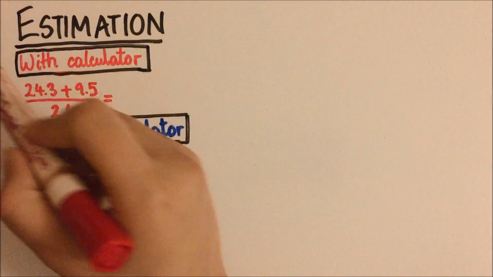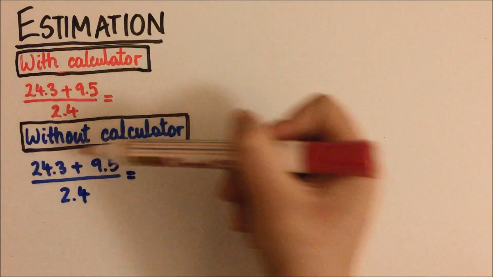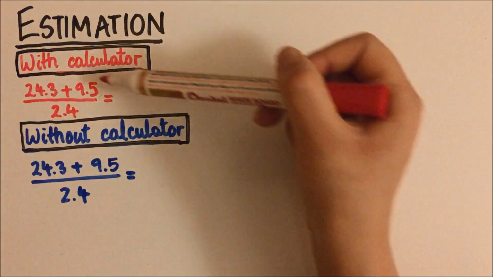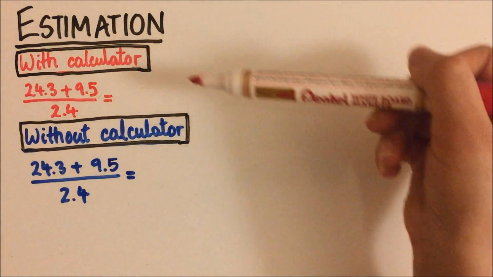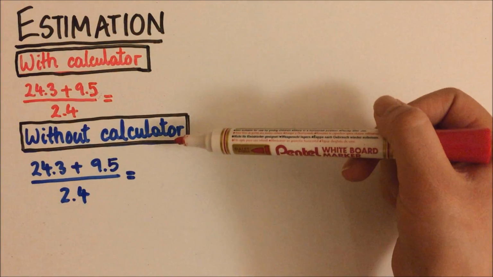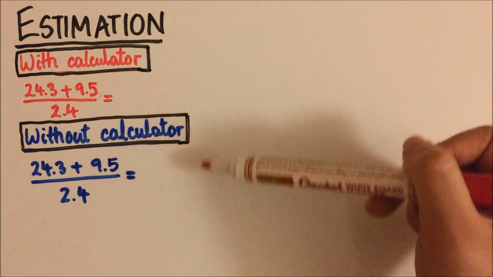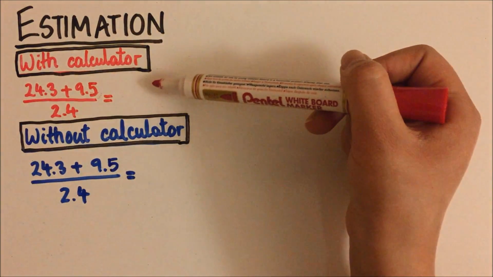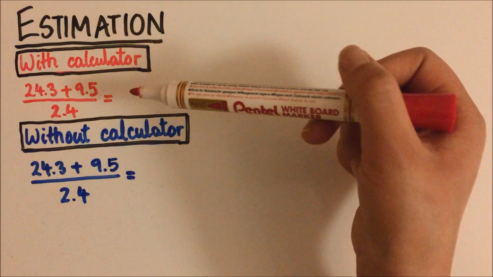So the whole point of estimation is that you're able to do a question without the use of a calculator. I've got the same question, but I'm going to do it twice, one with the calculator and one without the calculator, so that you guys can see the difference that you get when you just estimate it as compared to when you just plug into the calculator and get the actual answer.